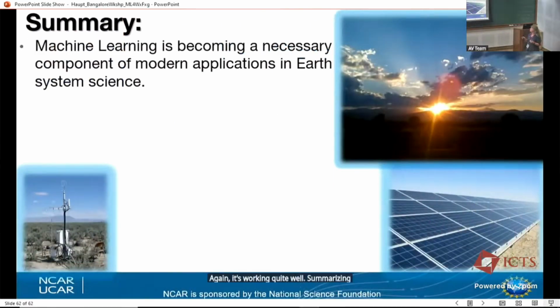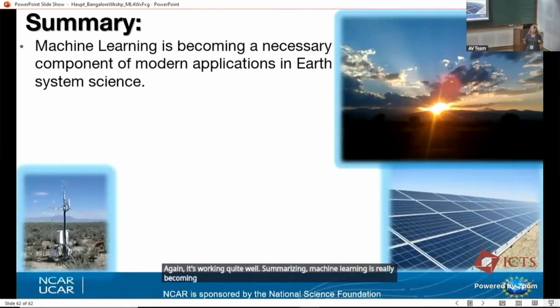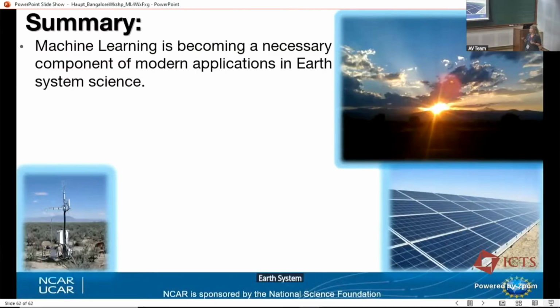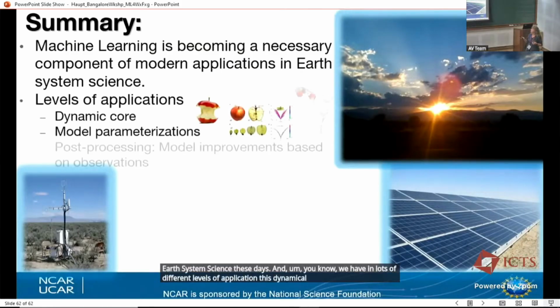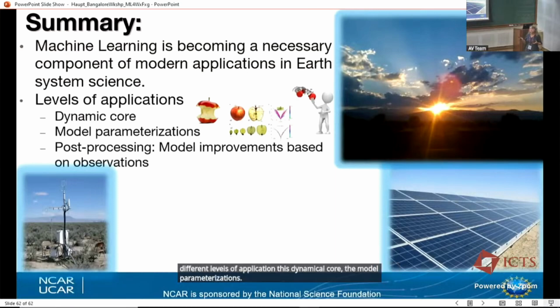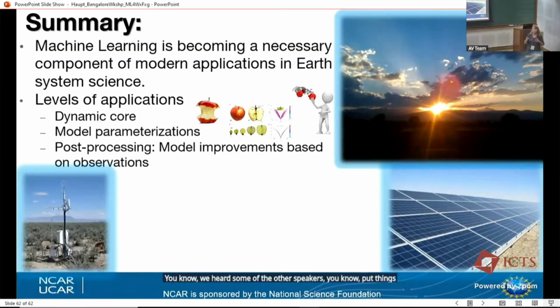Summarizing, machine learning is really becoming a necessary component of doing high-level Earth system science these days. And we have it at lots of different levels of application: the dynamical core, the model parameterizations, post-processing. We heard some of the other speakers put things like DA in other categories.